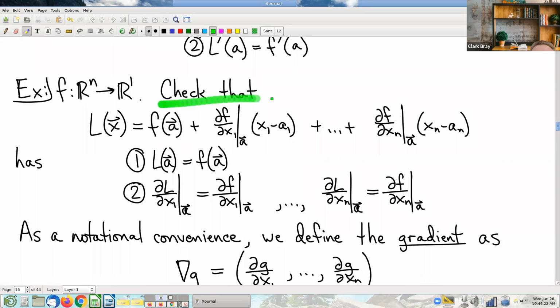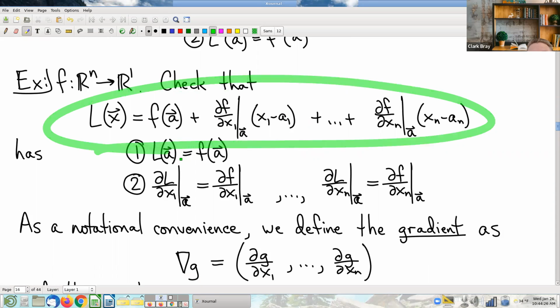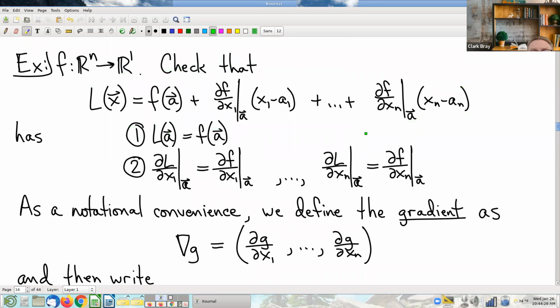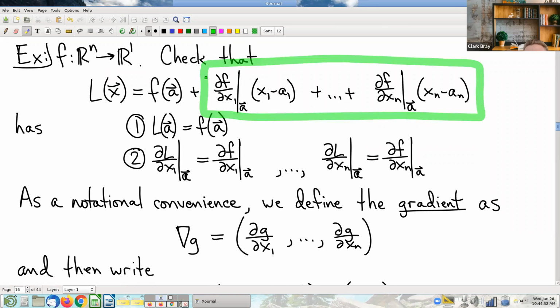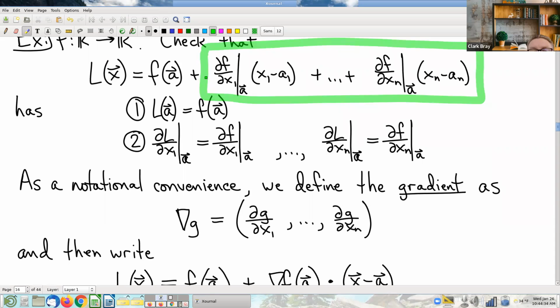Okay, so y'all are going to check the algebra that I just claimed there, but this does work. That is the answer. And now I want to draw your attention to what this looks like. I claim that it actually looks like a dot product, because we've got a bunch of factors being multiplied by a bunch of other factors.